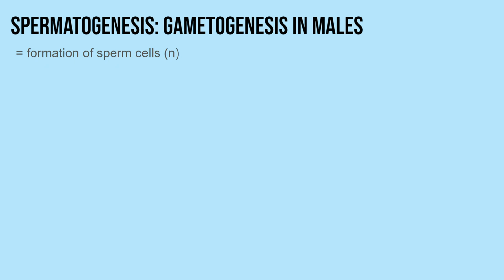So this is different than general gametogenesis because normally we form the primary gametocyte right away from the gametocyte, but now we have a type B spermatogonia that goes through another round of mitosis.